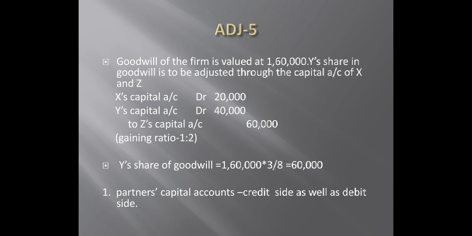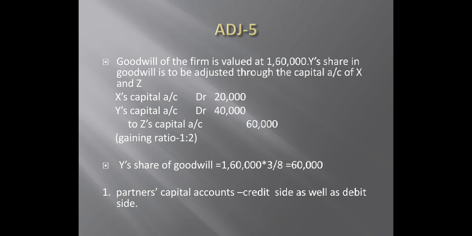Look on debit side. There might be written to Z's capital account, and amount must be written in the column of X and Y, 20,000 and 40,000 respectively.